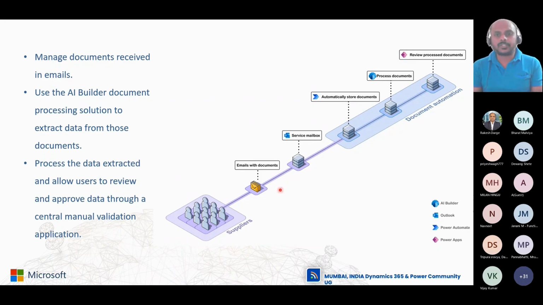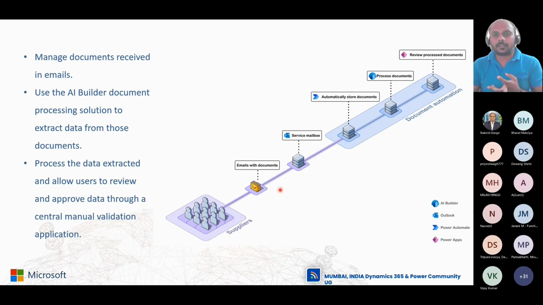In this process, four Power Platform or Office 365 products are majorly used. First is Outlook, from where we are getting our data. Second is Power Automate, which is used to automate all these processes: fetch the details, save the data, process it using AI, and again save that data to our database.